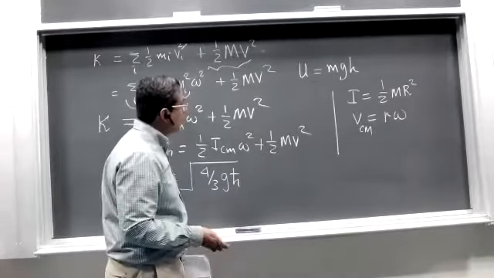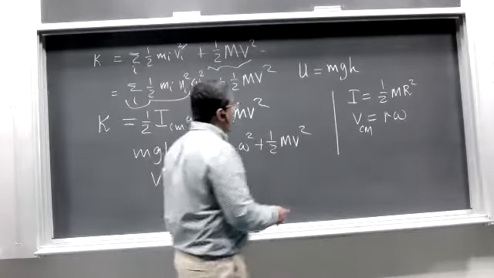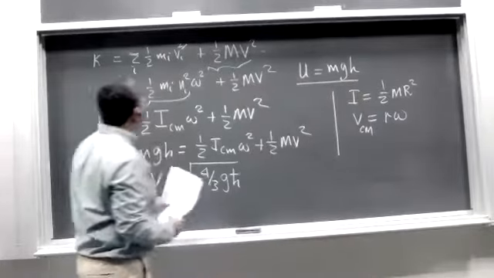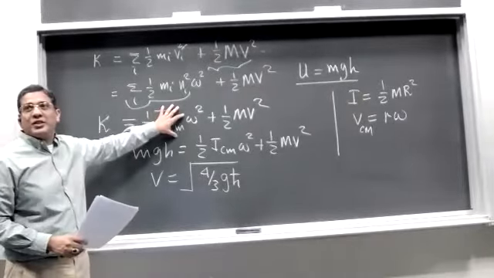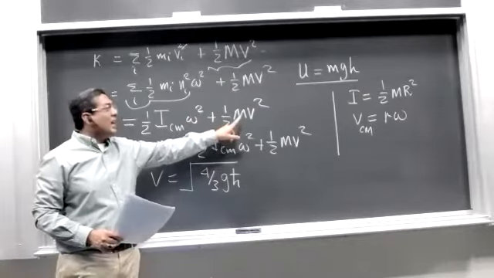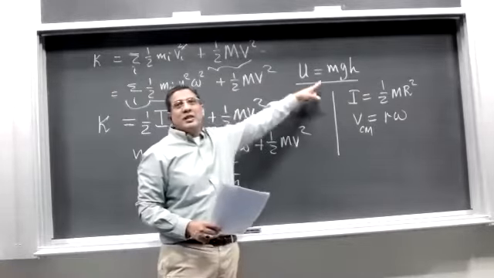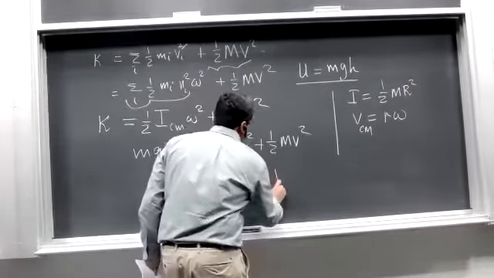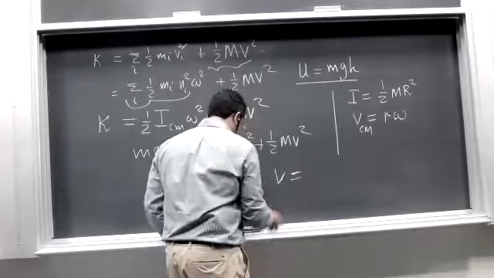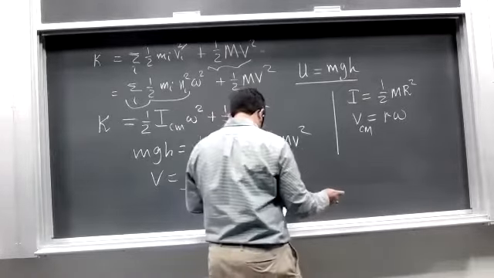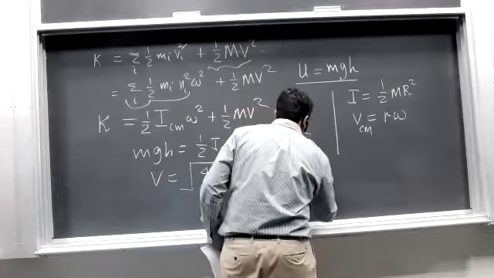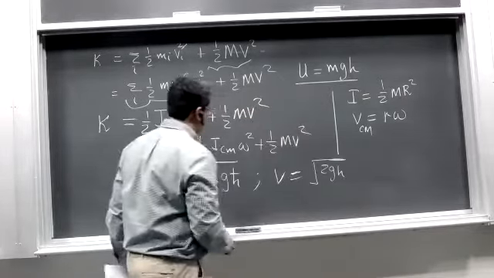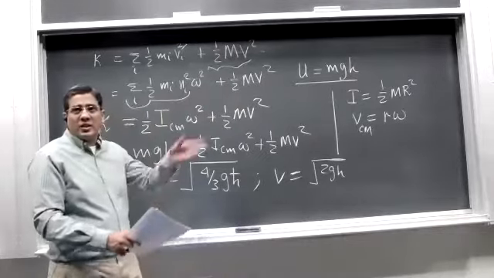The square root of 2gh would be it. Absolutely, because the energy lost would be the same potential energy. The only difference in the kinetic energy would be that we won't have any rotation, only half M v squared. Equate half M v squared to mgh and solve for the velocity. Sir, this is for if there's no rolling. Yes, any object sliding, no rolling at all.